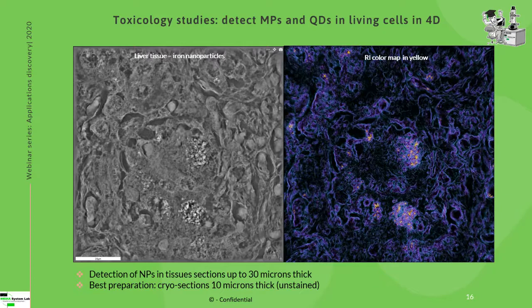The best preparation is cryosection, 10 micron thick, better if unstained. In this case, we have an example of liver tissue with an engulfment of iron nanoparticles that you can see here in the central part of the tissue. And on the right, you can see the pseudocolors based on the optical density distribution. So blue for the tissue, yellow for the iron nanoparticles.